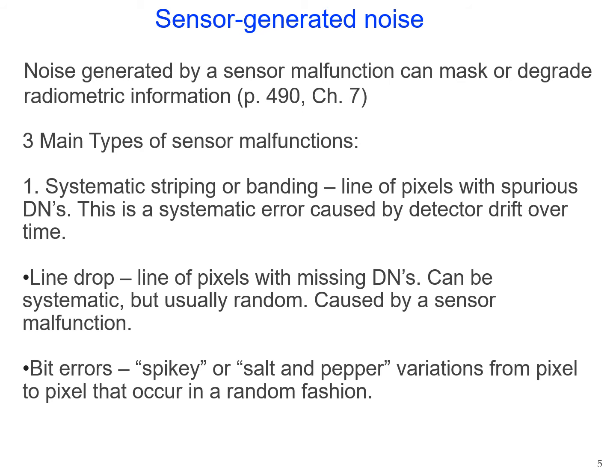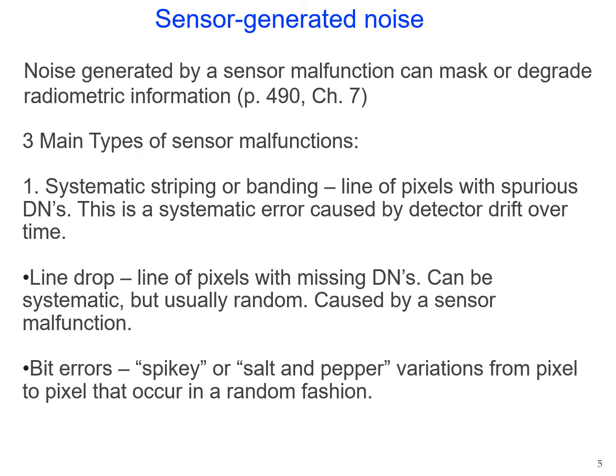It really can be either a malfunction, or it can just be, for instance, noise that is an inherent part of the data collection process. And so that noise can either mask features or just degrade the radiometric information, just by making it noisier. There are three main types of sensor malfunctions that we'll talk about.